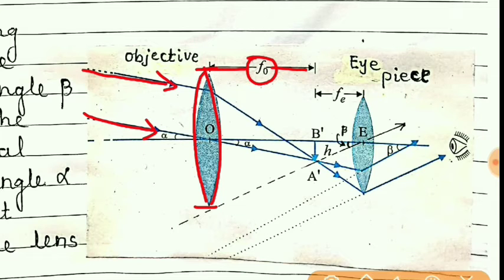Why are these rays parallel? Because when the object is at a very large distance, the rays coming from such objects are always parallel. And you can see here the eyepiece has a small aperture as well as a small focal length. So this is a reverse case of a compound microscope.